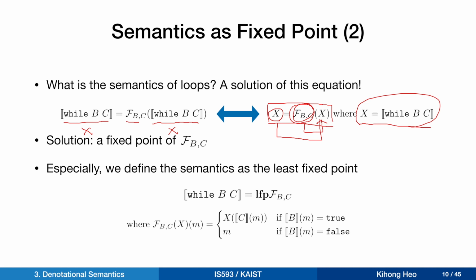So among them, we define the semantics of while as the least fixed point of the function f. Here we use this notation LFP, which means the least fixed point. Okay, so then let's take a look at the whole definition of while semantics. So is this compositional? There's no recurrence at all, right? So it is perfectly compositional.